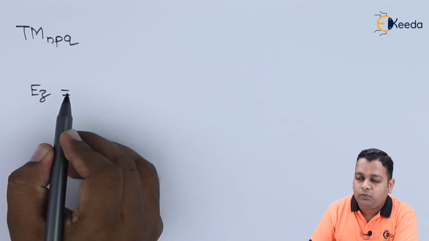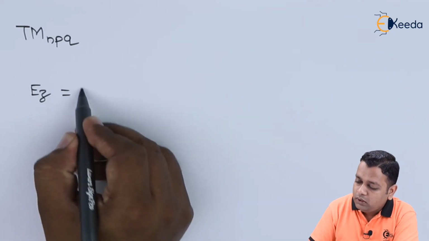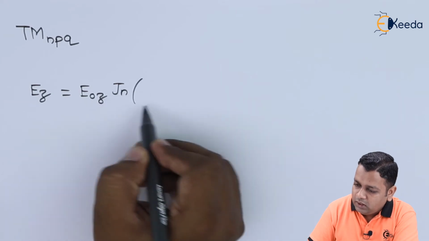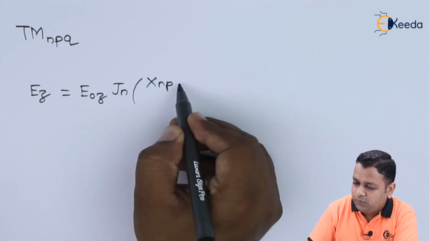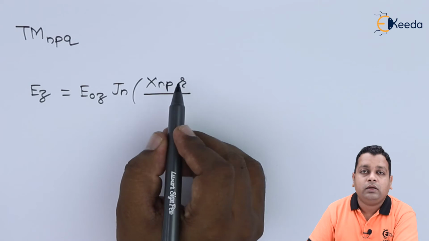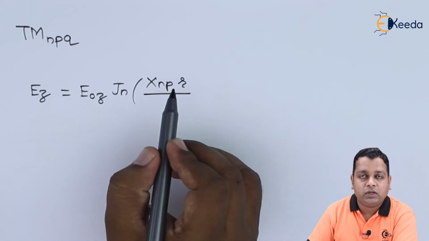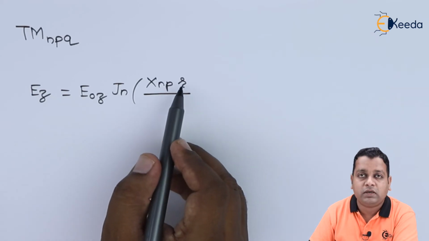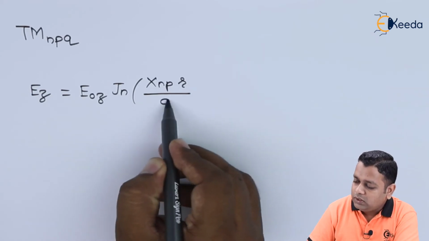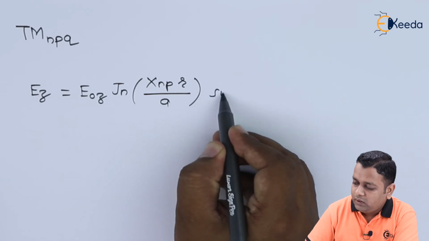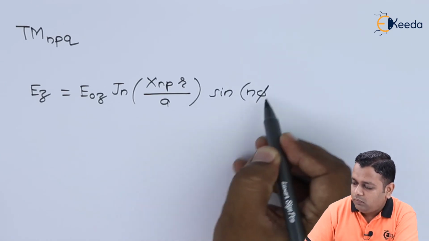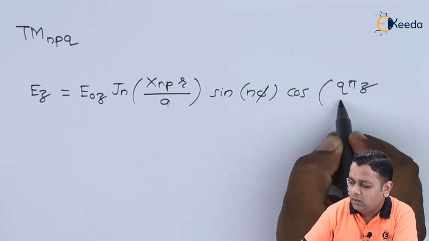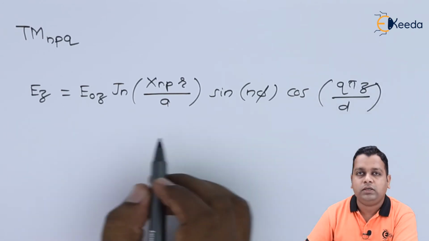So the Ez component is equal to E suffix 0 z into J suffix n as a function of X suffix np into r, the radial direction spatial coordinate in the cylindrical coordinate system, or you can also represent it as rho. This is divided by small a, into sine of n phi, into cosine of q pi z divided by small d here.